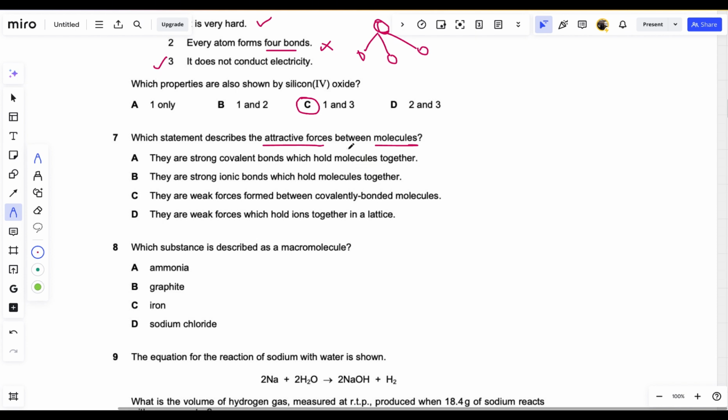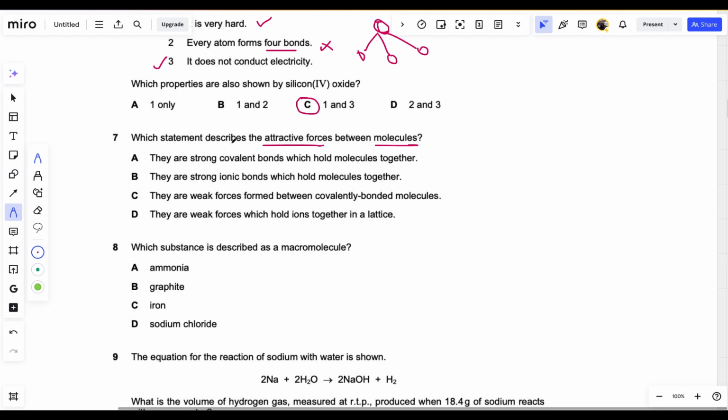Let's see the other options. They are strong ionic bonds which hold molecules together. They are weak forces formed between covalently bonded molecules. Yeah, I think that is right. They are not strong forces.